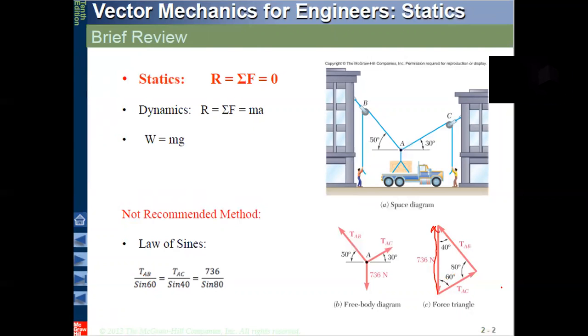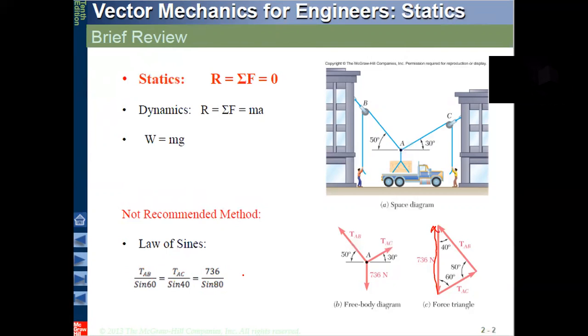For example, here TAB has an opposite angle of 60 degrees, and that is equal to another force over the sine of its opposite angle, and that is equal to the third force over the sine of its opposite angle. So with this relation, the last equation, 736 over sine of 80, you can derive TAB and TAC directly.